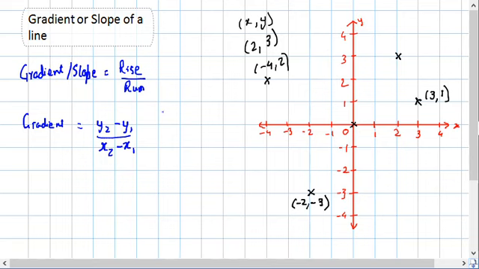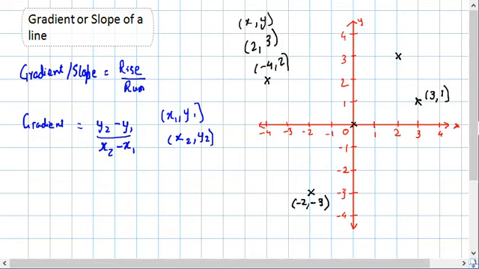Any 2 points on the line, the coordinates of the first point are x1 and y1, and the coordinates of the second point are x2 and y2. So we just take the y coordinate of the second point, subtract the y coordinate of the first point from that, and similarly divide that by the difference between the x coordinates of both the points. So that's the formula for calculating the gradient.